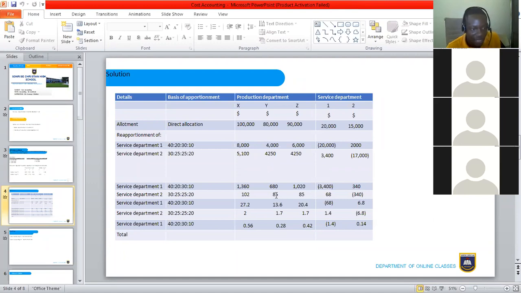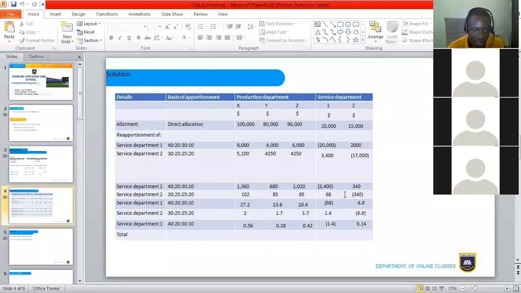Automatically, production department Z is also 25%, so that will give us 85. The next one will be 20% of 340, and that should be for service department 1.